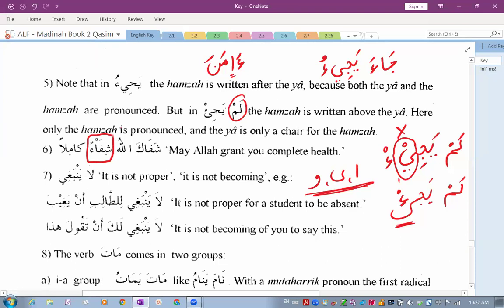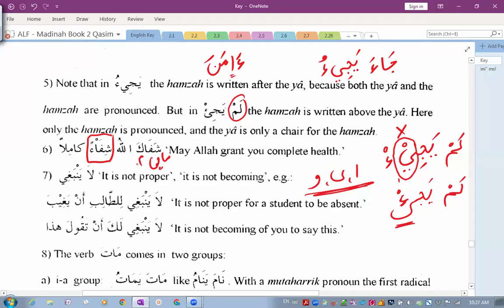This is, we said, maf'ulun mutlaq. What is the definition of maf'ulun mutlaq? That it is a maf'ulun bihi which is coming from the same verb. So shafa yashfi is a verb, shafakallahu, so shafa is our fellow madin.